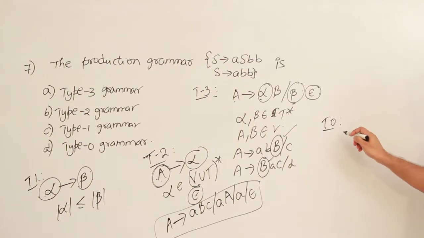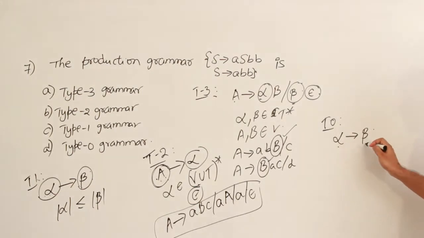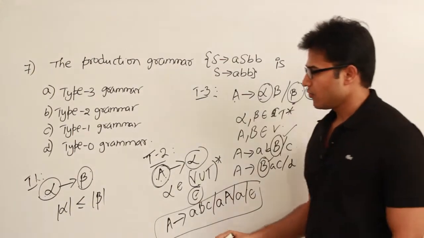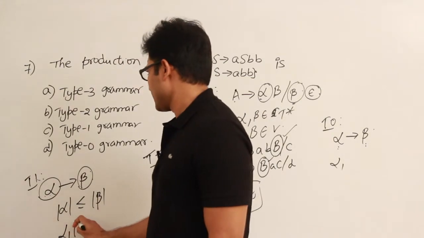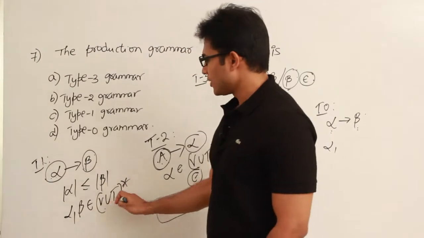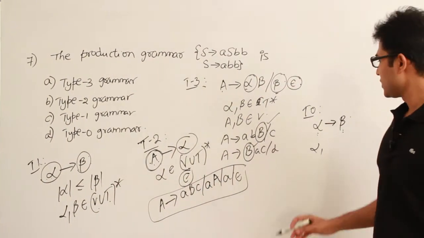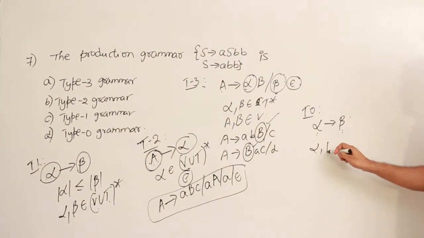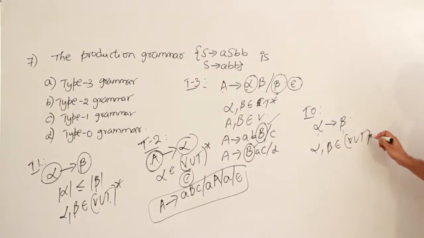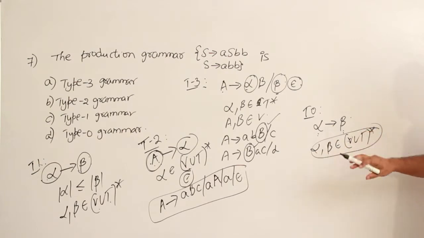In this unrestricted grammar you can have productions of the type alpha derives beta, where alpha and beta can be variables or terminals or any combination, and there is actually no restriction at all.